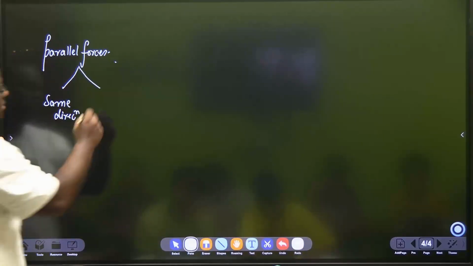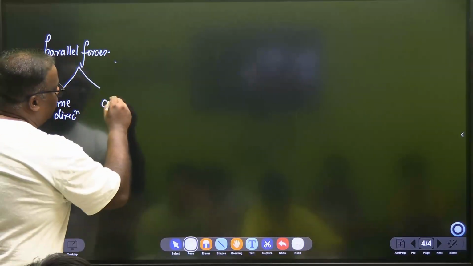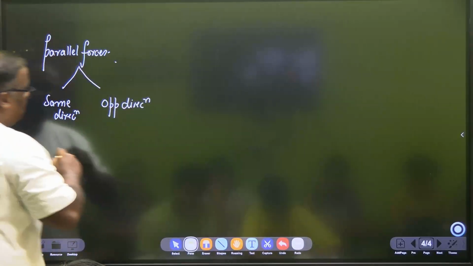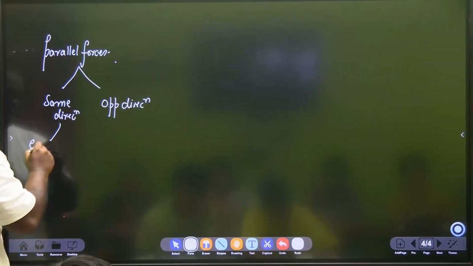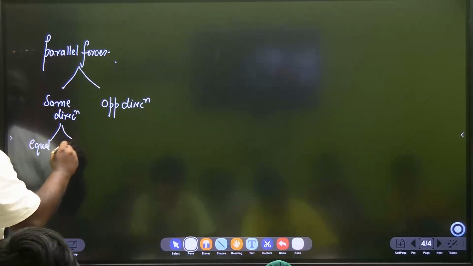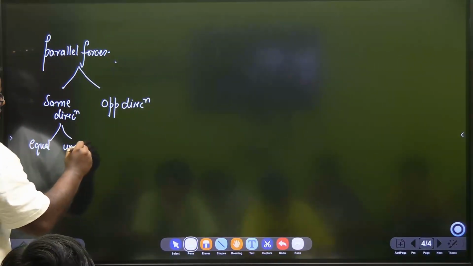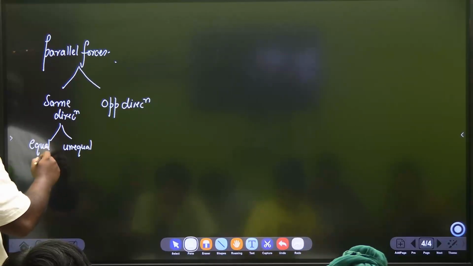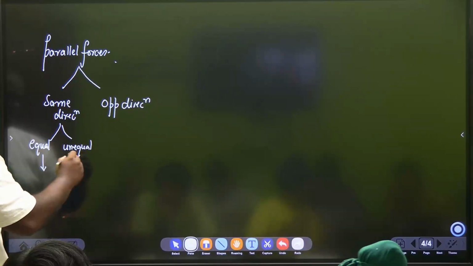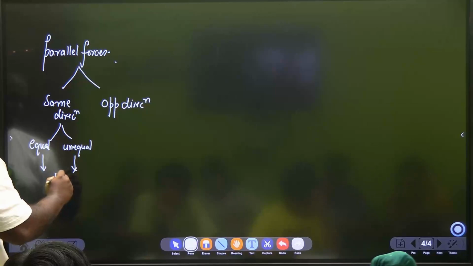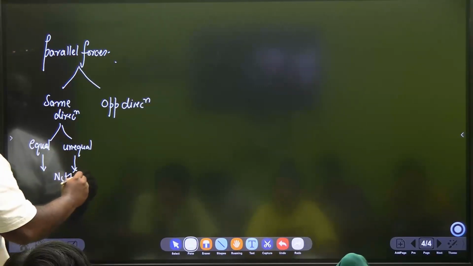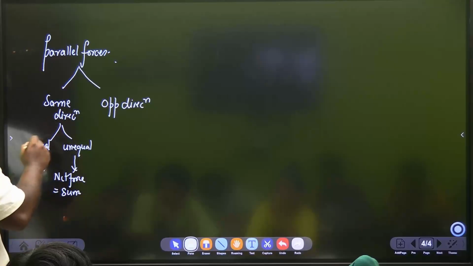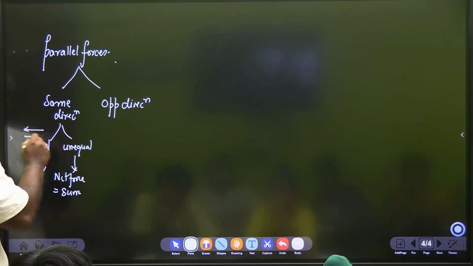So they can be in same direction. They can be in opposite direction. In same direction, they can be equal or they can be unequal. If they are equal or unequal, in both the cases, you need to find the net force, and it is just the sum. So in this case, equal means both the forces are like this.